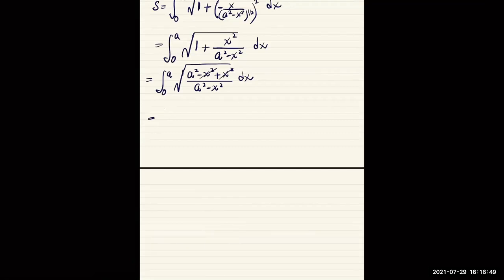And that gives us the integral from 0 to a of, unfortunately, not going to work out. When you take the square root of a squared, we get a, which is positive. You don't need absolute value. And then in the bottom, we have the square root of a squared minus x squared dx. And this is where I have to stop, guys, because I can't finish the problem.